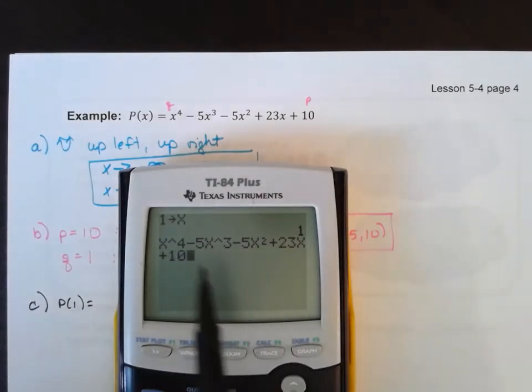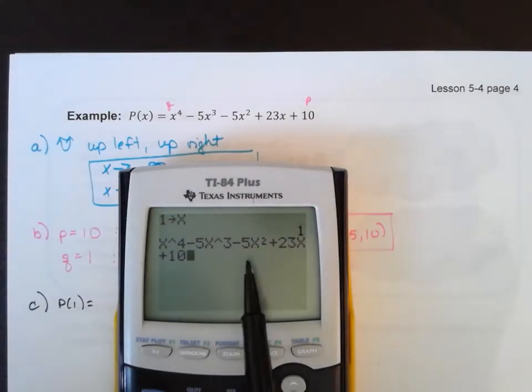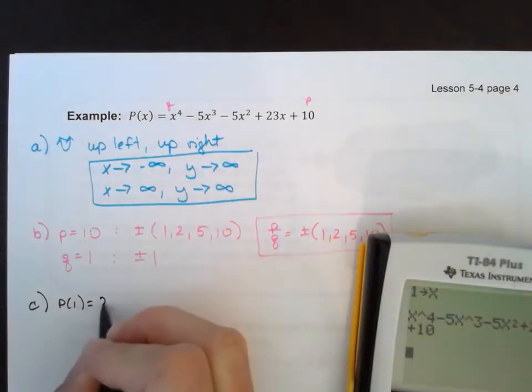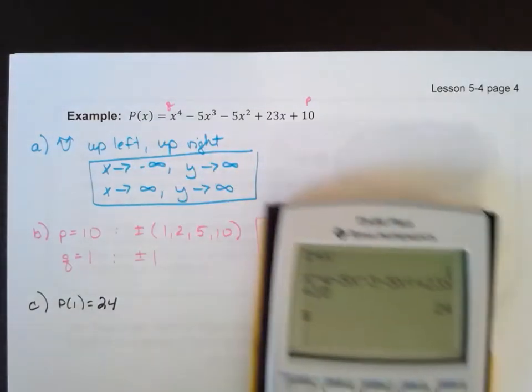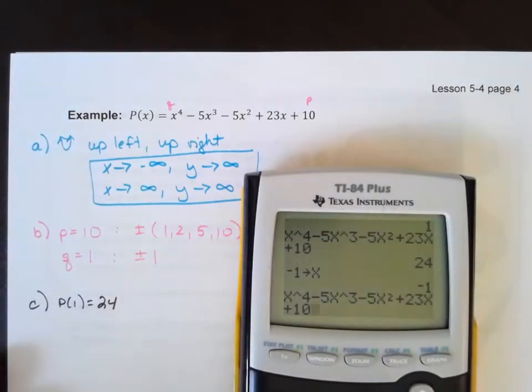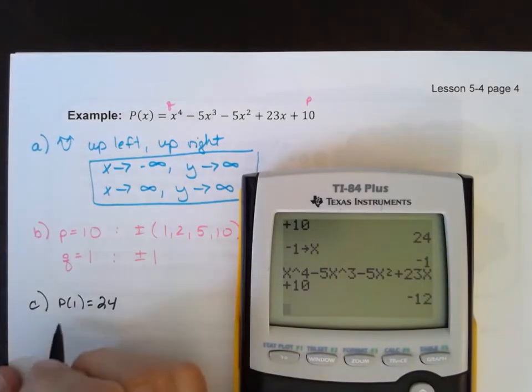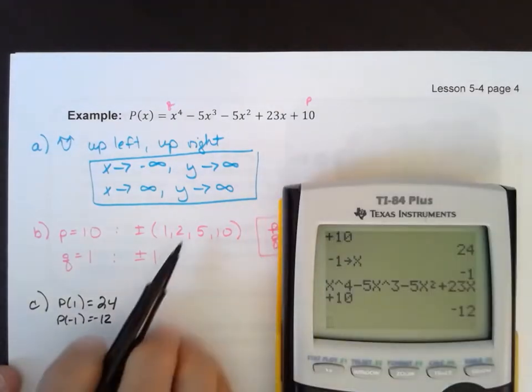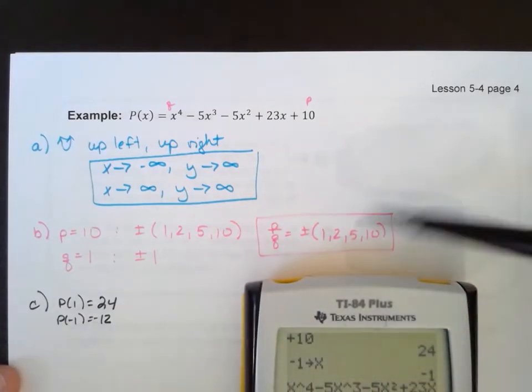Just gonna double check. Okay. We get 24. That doesn't work. Let's try negative 1. Recall the function. We get negative 12. That doesn't work. So we'll move on to our 2 next.